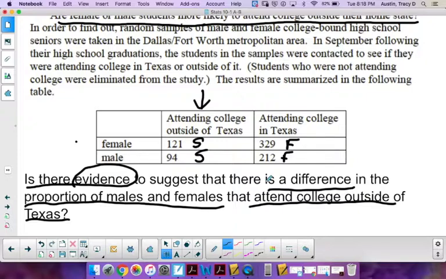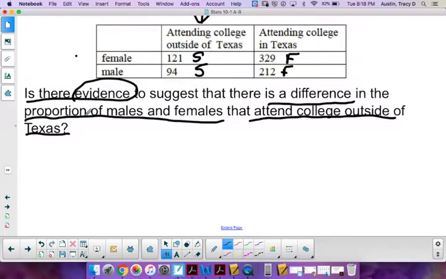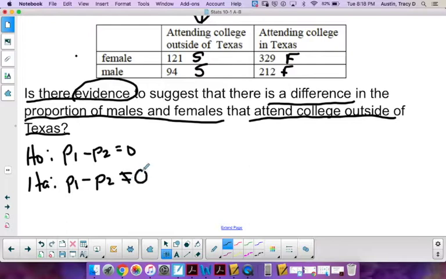Let's go ahead and write our Ho-Ha. It's very basic: P1 minus P2 equals 0. And it's the same thing again: P1 minus P2 doesn't equal 0, because we don't care about direction. We just care about a difference.